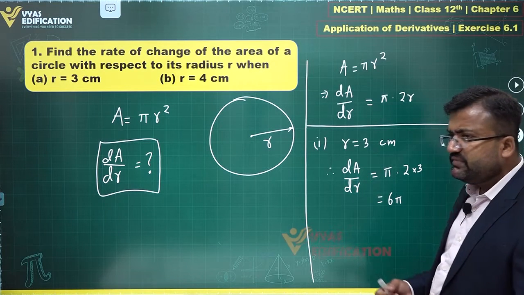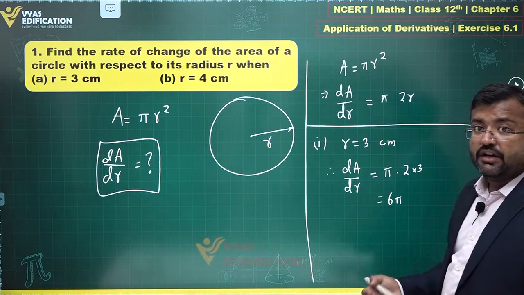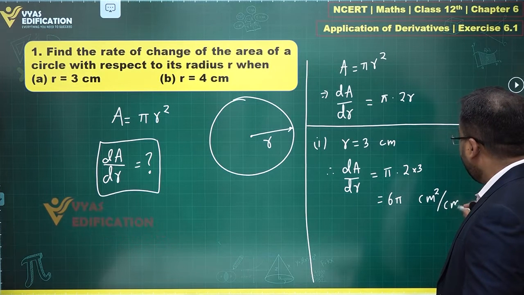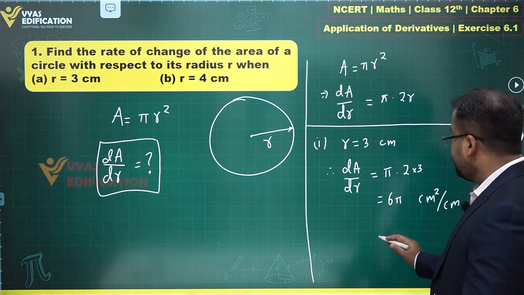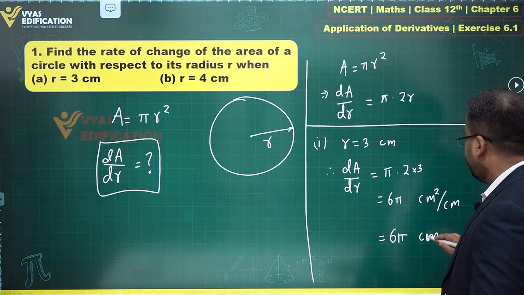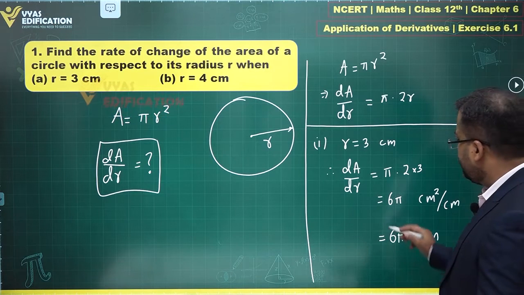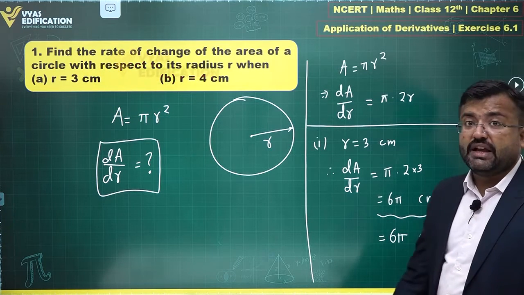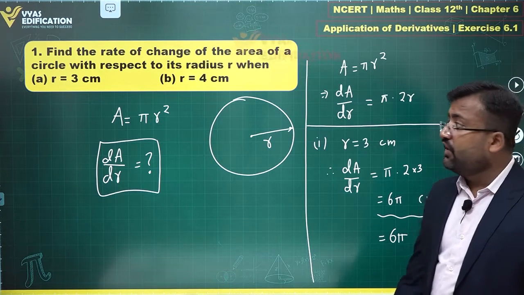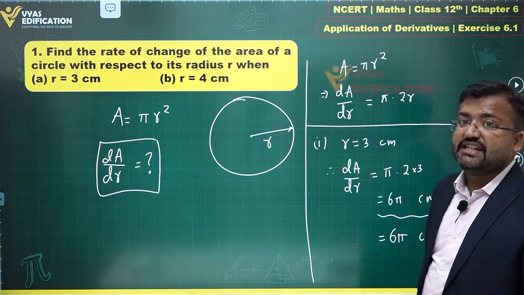This is centimeter square, this is centimeter, so it should be centimeter square per centimeter. You could also cancel and write it another way, but this is the version that we'll be getting. So 6 pi centimeter square per centimeter is the first part, when radius is 3 centimeter.